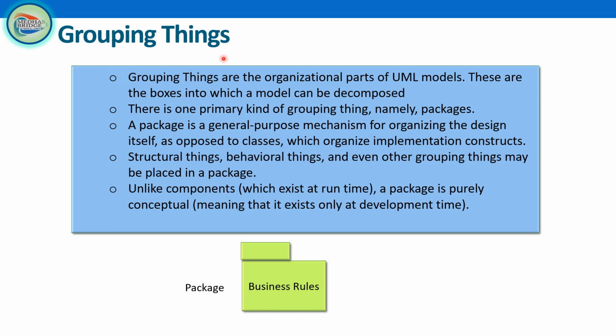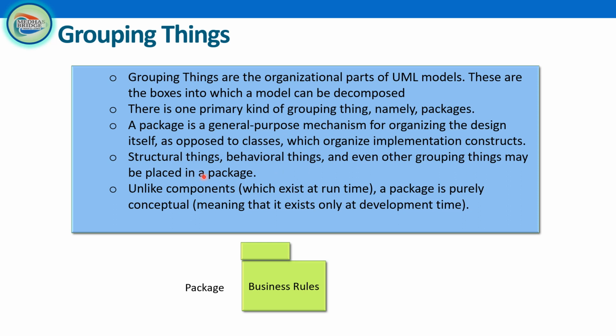Grouping things. Grouping things are the organizational part of a UML model. These are the boxes into which a model can be decomposed. There is one primary kind of grouping thing, namely packages. A package is a general purpose mechanism for organizing the design itself, as opposed to classes, which organize the implementation construct.